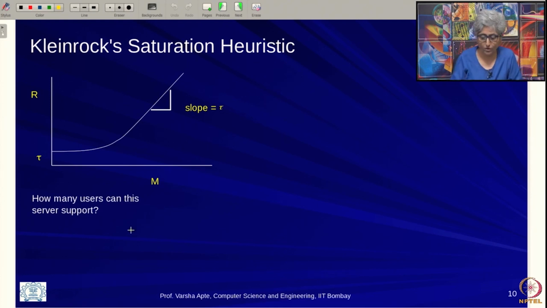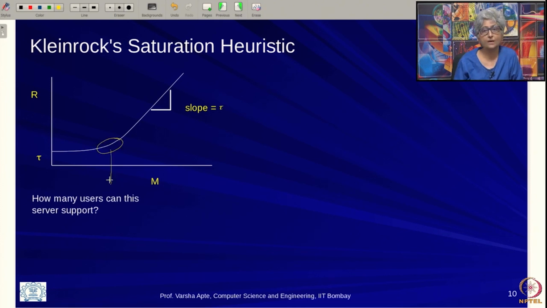Okay. So, you have already seen that the plot of R versus M for a closed queuing system is going to look like this. The minimum is tau and the high load asymptote is linear with a slope equal to tau. Now, any system designer who works by intuition will know that the maximum number of customers this system should support is somewhere here.